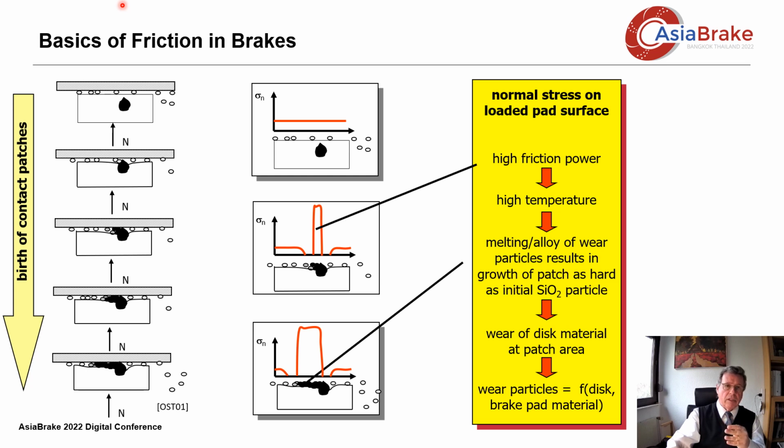This set of wear particles from the pad and from the rotor accumulates in front of the sand-rotor contact and is compactified. Heat and chemistry cause melting and even alloying processes. The result is a tribological coating on the compactified particle set, so a rather hard patch is born which grows and carries more and more of the friction load.